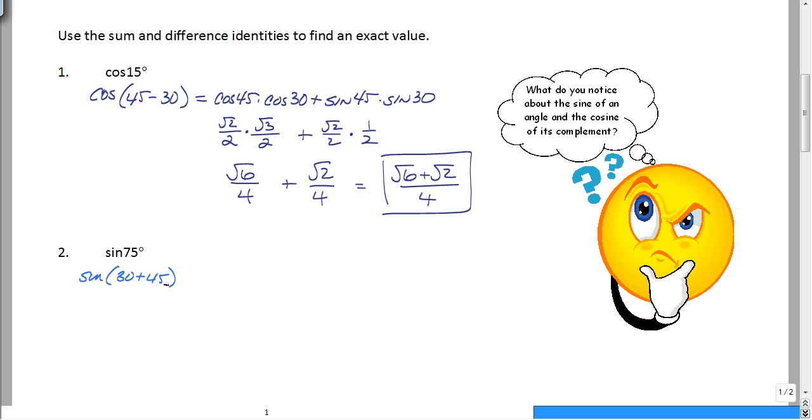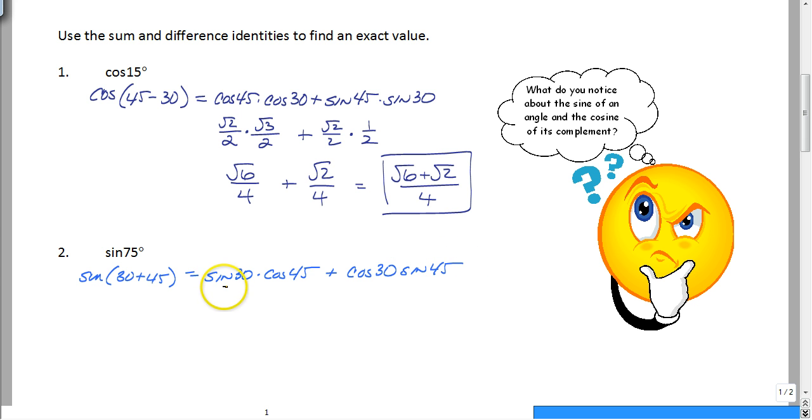Now you want to stick to your 30s and your 45s. So the sum formula for sines is going to be the sine of 30 times the cosine of 45 plus the cosine of 30 times the sine of 45.